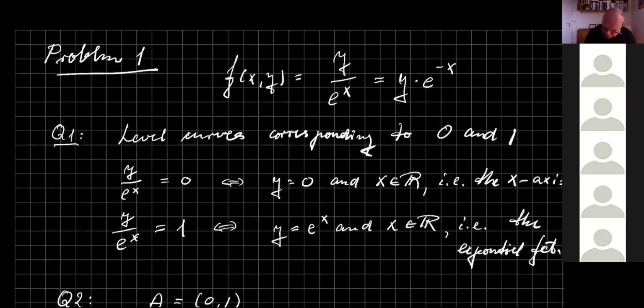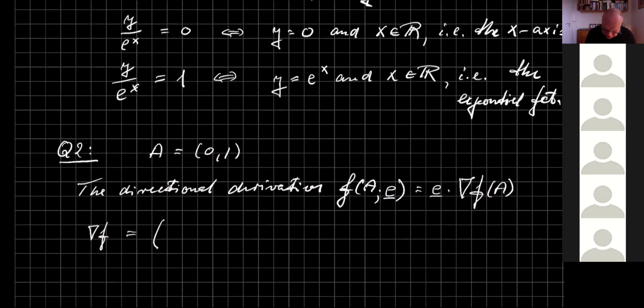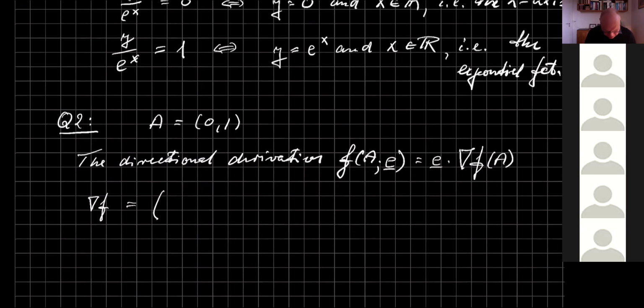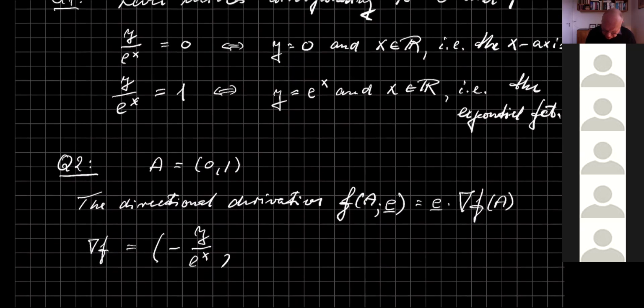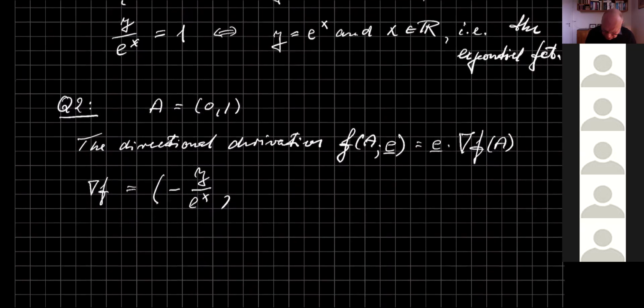And when you differentiate the exponential function, you get the exponential function itself. And then you get -1 because it is a composite function. So the result is that you get -y divided by the exponential function for the first coordinate. And for the second coordinate, you just get 1 divided by the exponential function, that is 1 divided by e to the x.